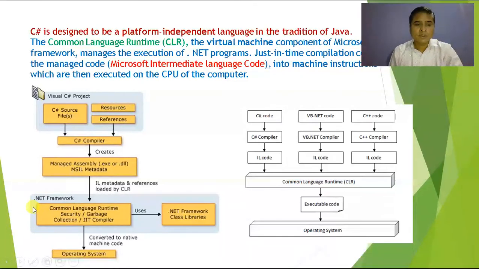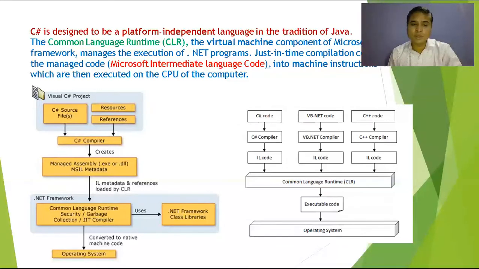And here a .NET framework. In .NET framework, there is a very important component CLR, which converts this intermediate language into the corresponding native code of that system where the .NET framework is available.